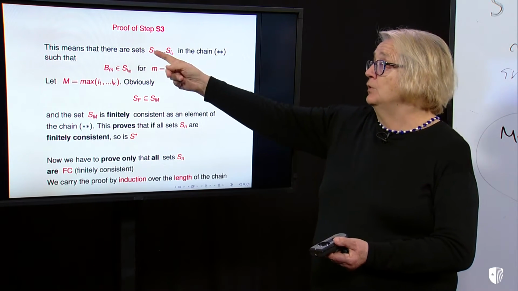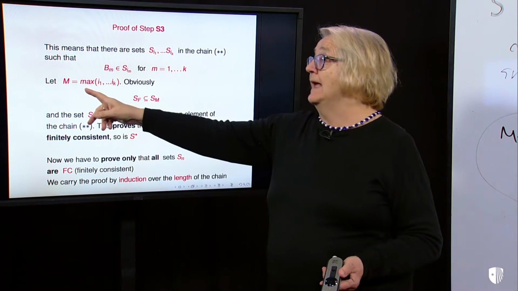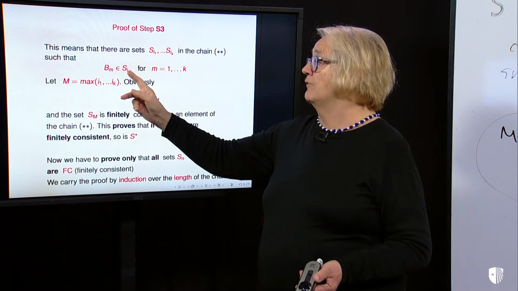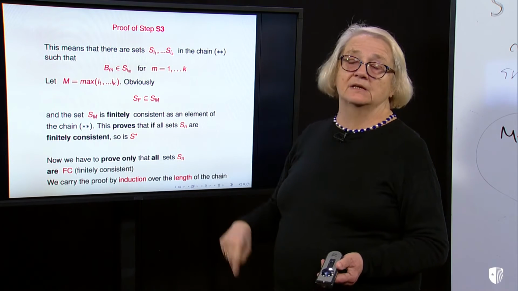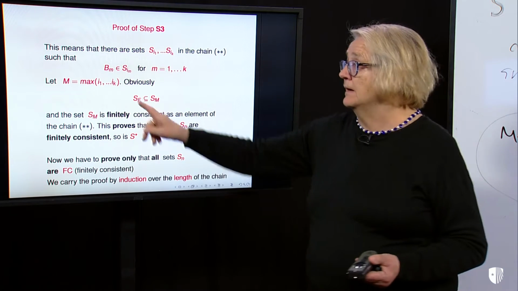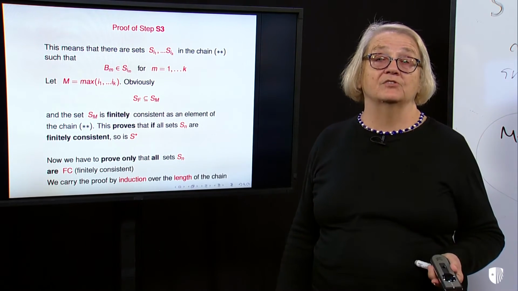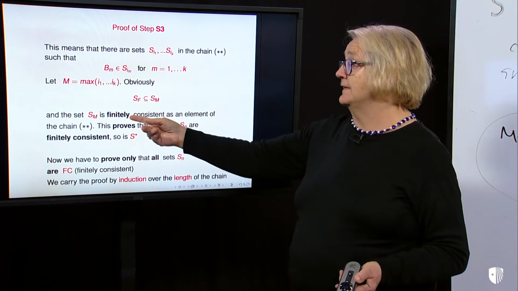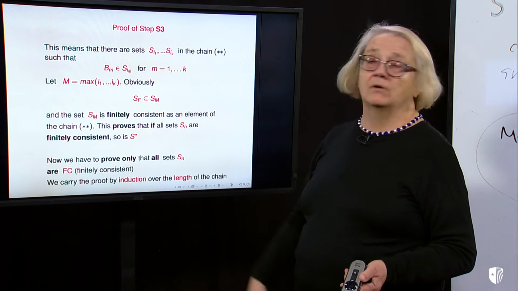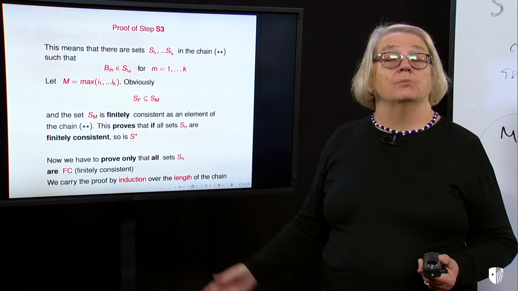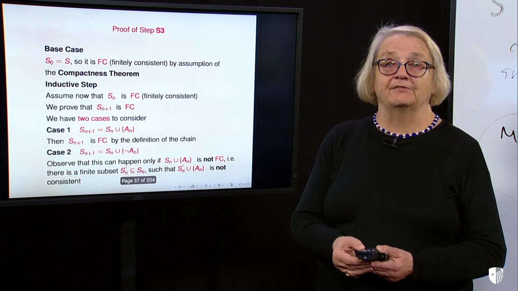It means that all its elements are in our chain, and we take Sm, where m is the maximum of all the indices ik, so SF is in Sm. Since they are all finitely consistent, Sm is finitely consistent as an element of our chain. So it proves that the union is finitely consistent, exactly the same proof as we did in chapter 5.